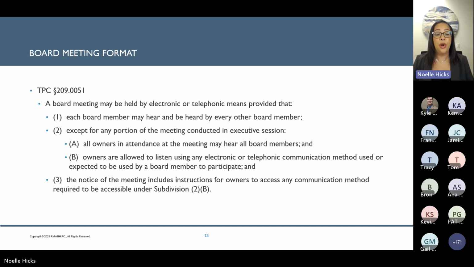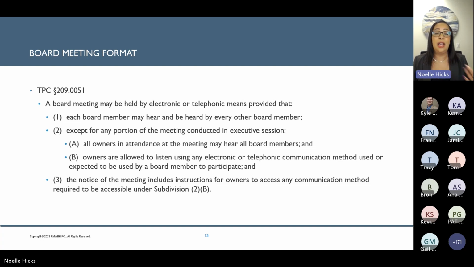Now, of course, if you're going to have an electronic or telephonic meeting, the notice of the meeting that goes out has to include any instructions for owners to be able to log on or access the communication method required under the Property Code. So if we're talking about a telephonic conference system, then you need to provide the phone number and perhaps the password.